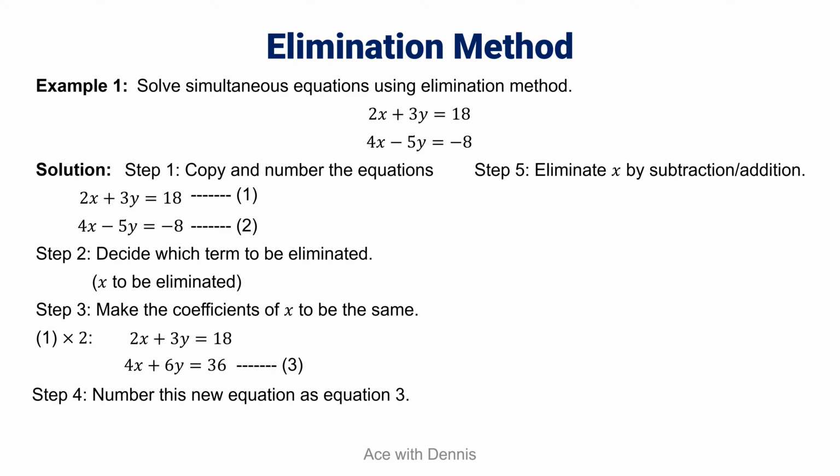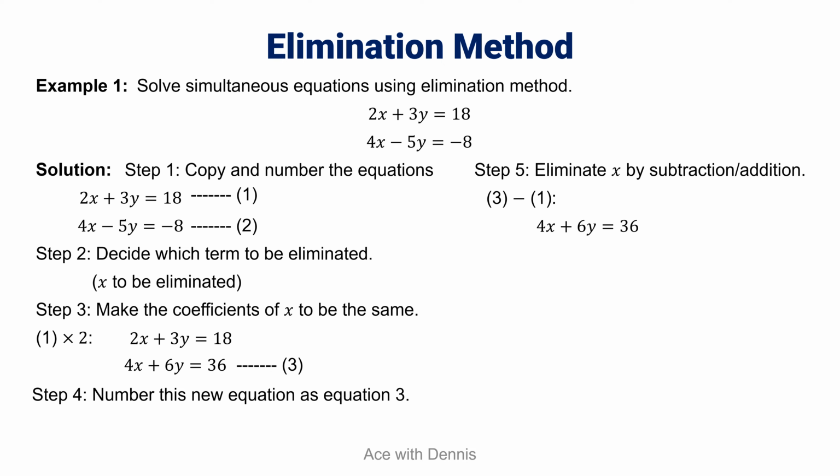After that, I want to eliminate x by subtraction or addition. For equation number 3, the coefficient of x is 4. Similarly, for equation number 2, the coefficient of x is positive 4 as well. Hence, I will say equation number 3 minus equation number 2.